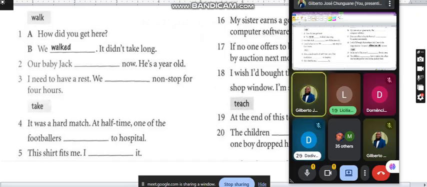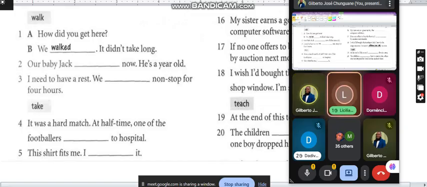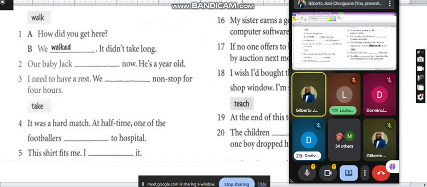Okay, Dadivu. Lycidia, you can mute your microphone while we hear Dadivu's idea. Thank you so much, Lycidia, for your contribution.